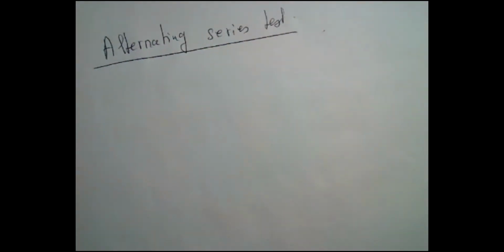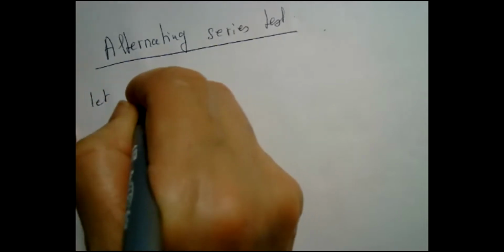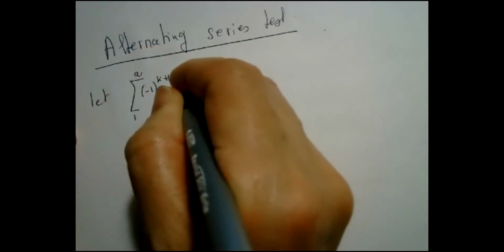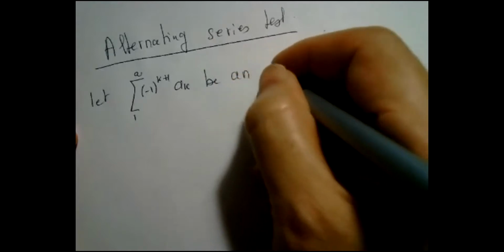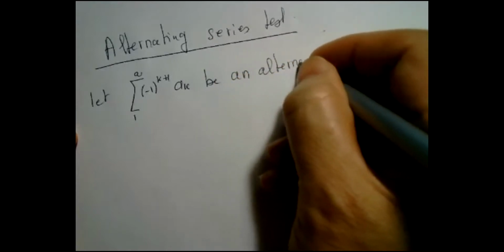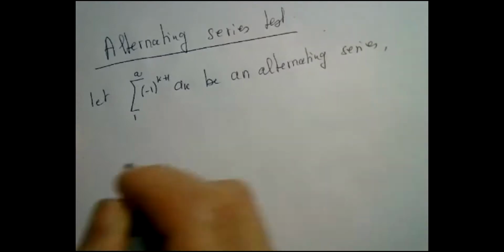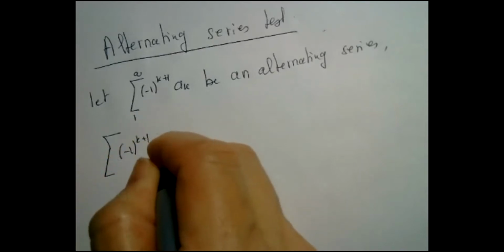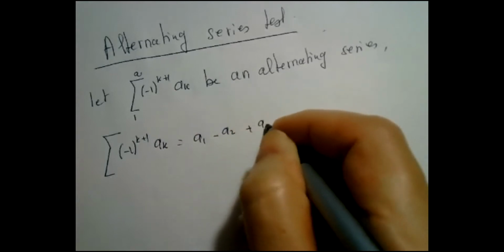Okay, this test tells me the following. Suppose we have an alternating series, so the sum of (-1) to the k plus 1 a_k be an alternating series. That is the sum equal to a1 minus a2 plus a3.